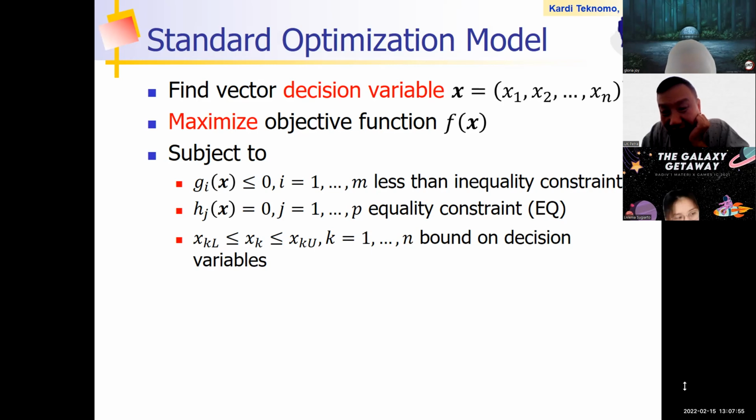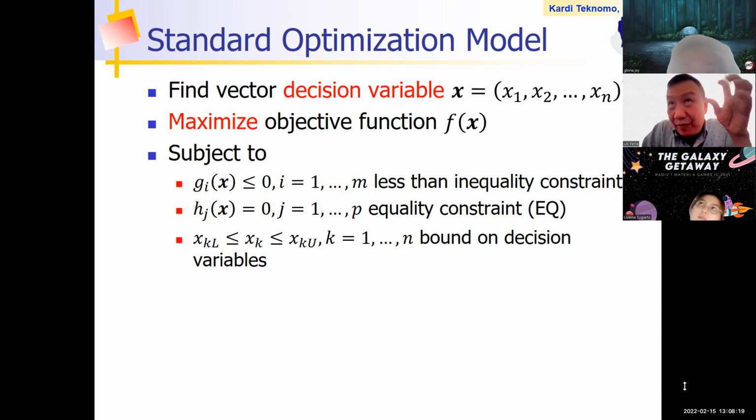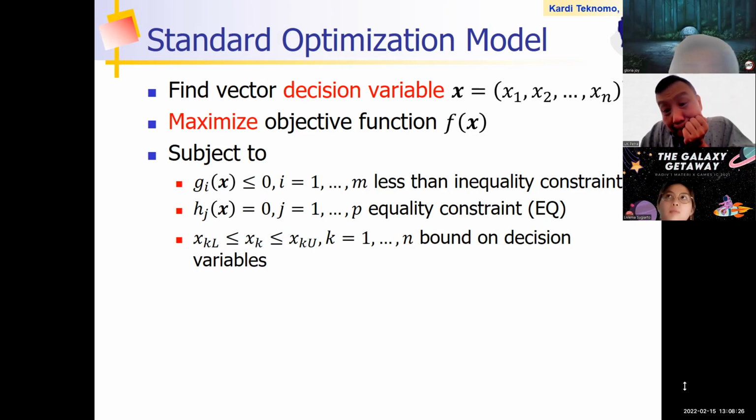Livy. You learned linear programming, right, last semester? What happens if you have an objective function that you want to maximize, if your solver can only maximize, but your objective is actually to minimize?